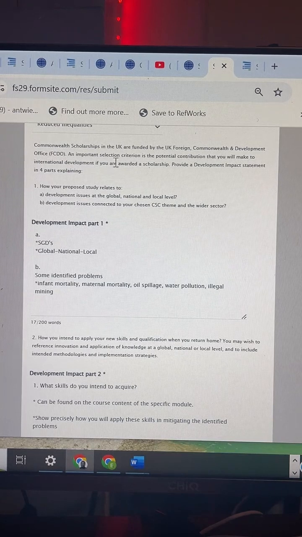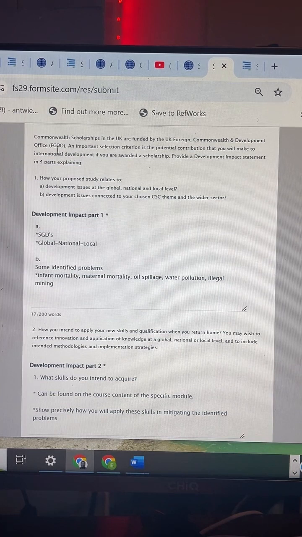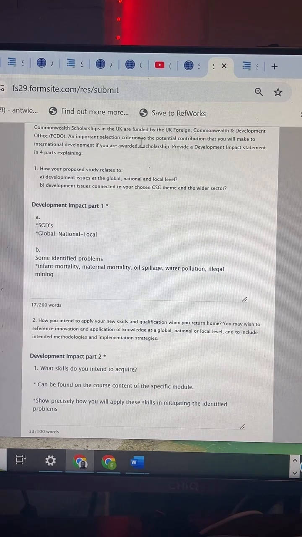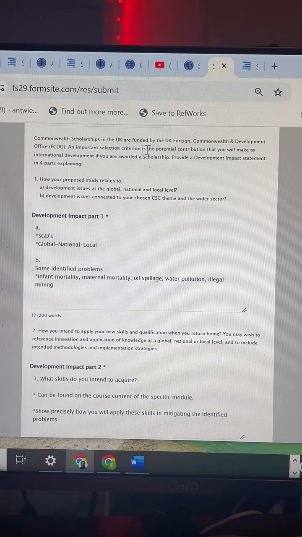So now we're back to the first one. It says Commonwealth Scholarships in the UK funded by the UK Foreign Commonwealth and Development Office. So that's the full meaning of FCDO. An important selection criterion is the potential contribution that you will make to international development if you are awarded a scholarship. So once you're awarded a scholarship, they want you to contribute to the UK Foreign Commonwealth and Development Office's impact, or the activities that they are currently carrying out in most of the Commonwealth countries.